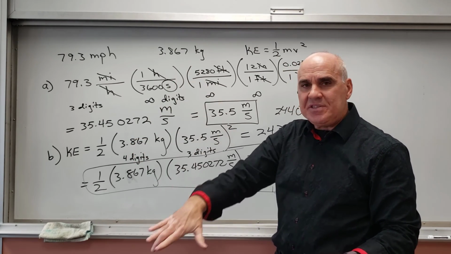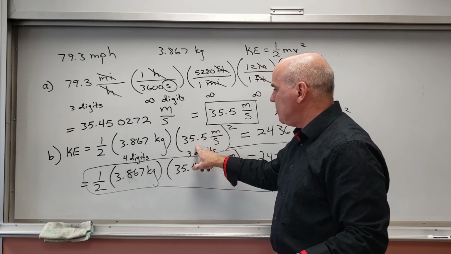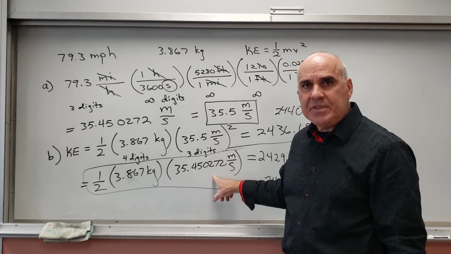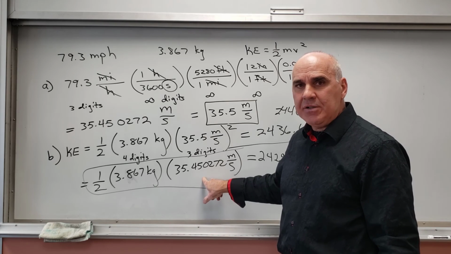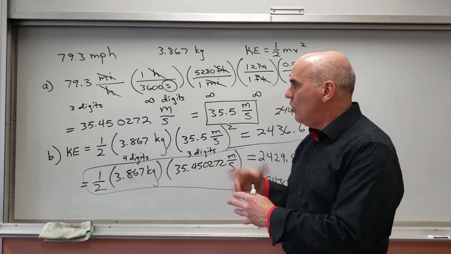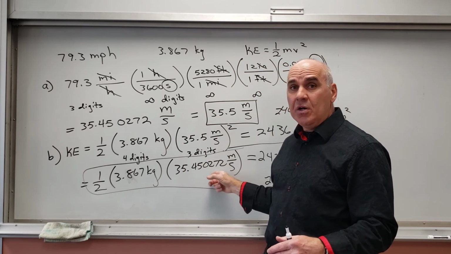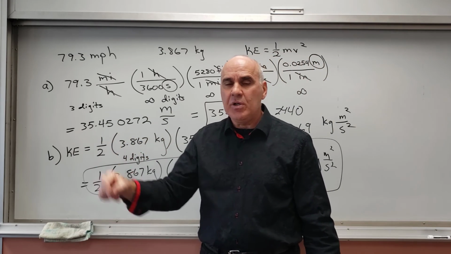But when you're answering the second part of the question, I'm not going to use 35.5. I'm going to use 35.450272. This is the number that I use when I go to calculate the kinetic energy. So don't use an intermediate, rounded-off answer. Use all the digits your calculator spits out when you go to do the next part of this question.